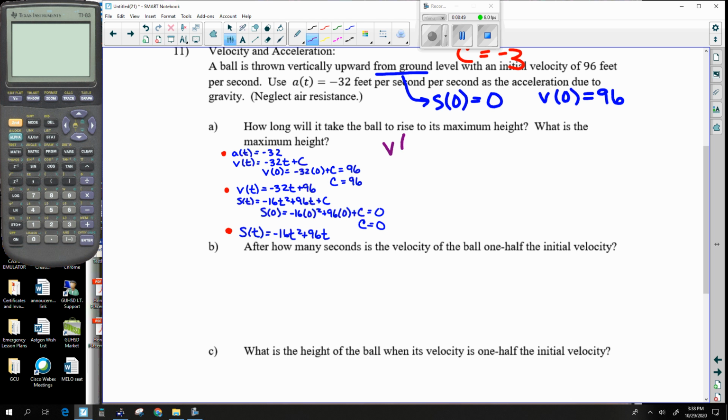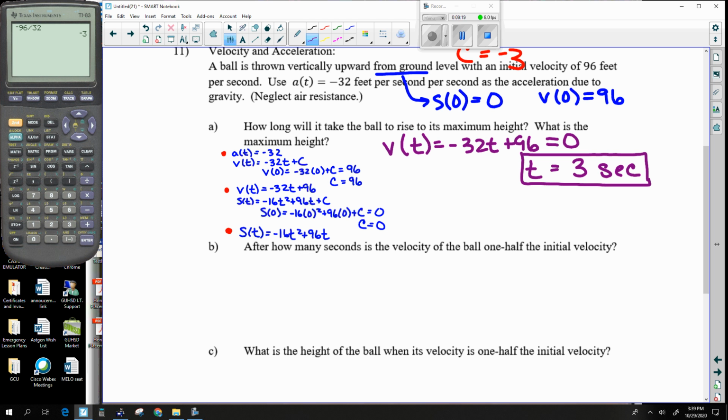That is saying, how long will it take for the velocity to equal 0? Oh, it should have been negative 32. So that'll take 3 seconds to reach the maximum height.